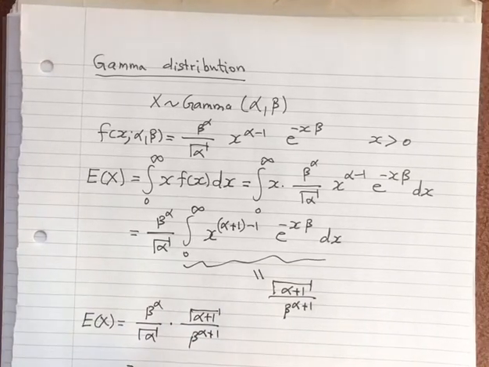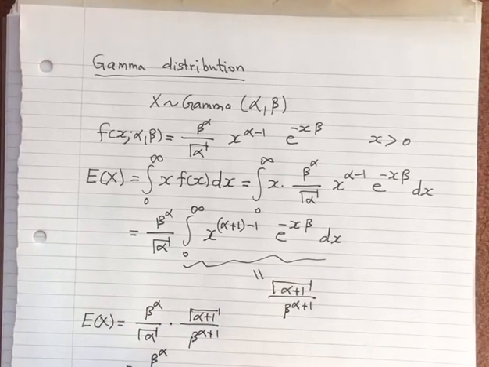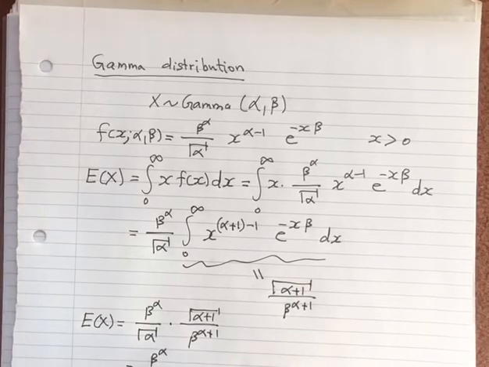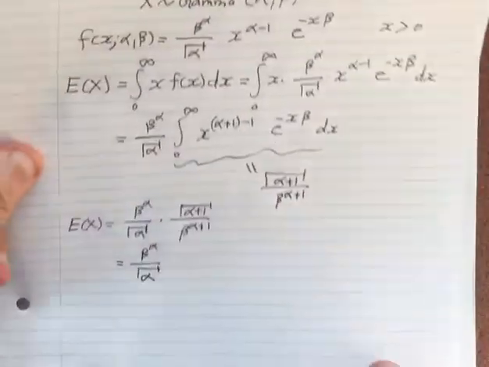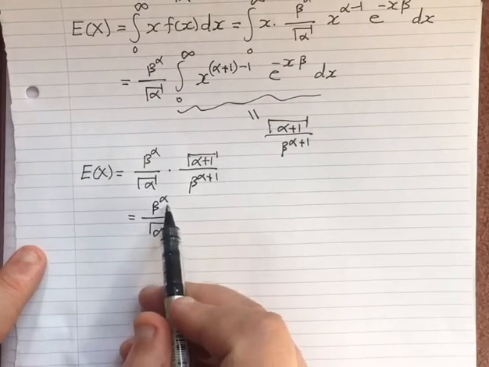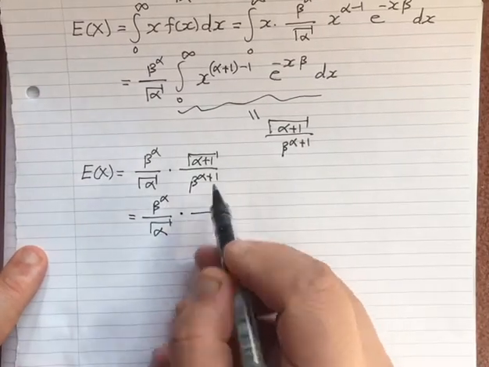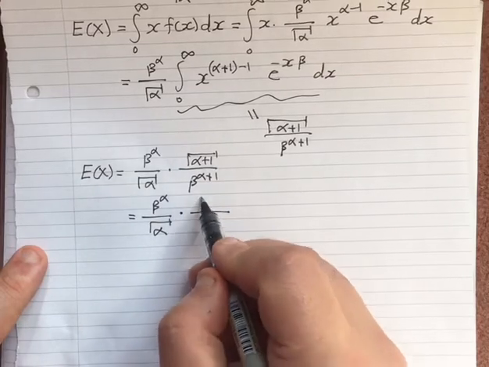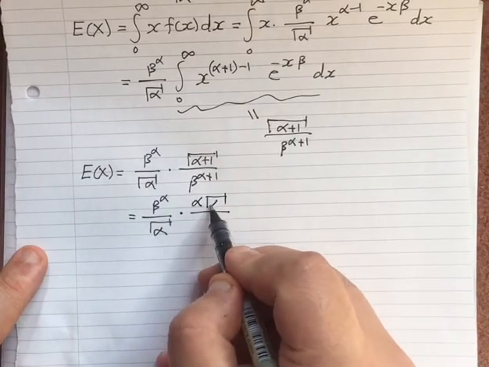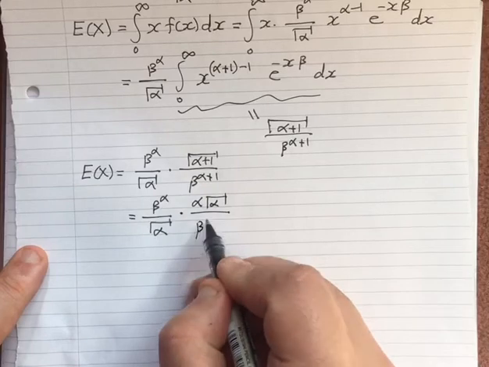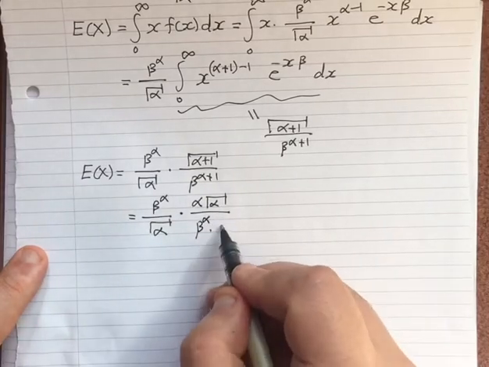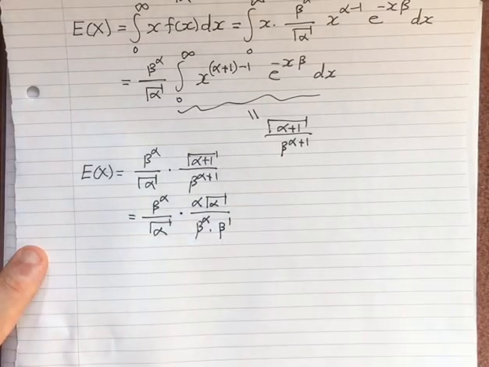And then we can simplify this more. Beta to the alpha over gamma of alpha, then gamma of alpha plus 1, we can write as alpha gamma of alpha, and then beta to the power alpha, and then beta to the power 1.